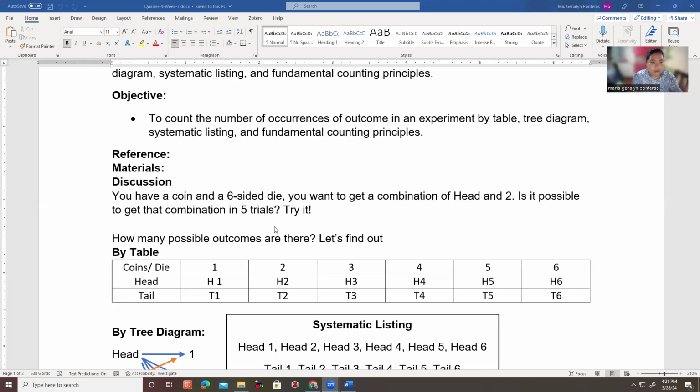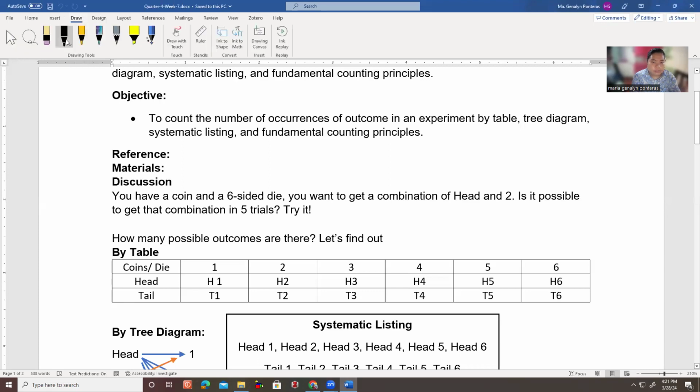So let's say a fair coin. Let's draw a coin. And let's say you have a 1 peso coin, and you have a six-sided die. Let's say this die has six faces.